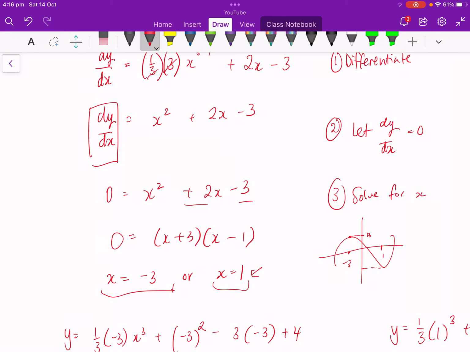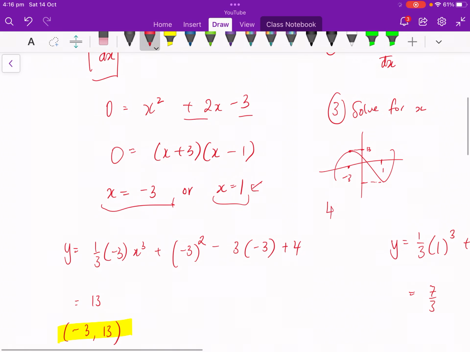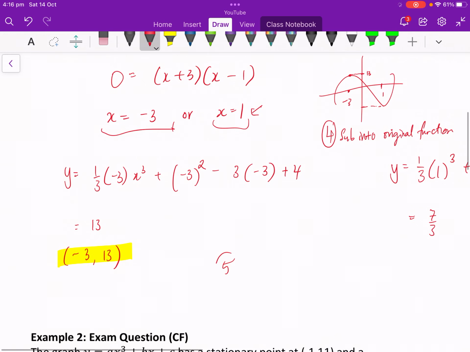And remember, you can have more than one. And in fact, you probably expect to have more than one answer. And then once you've done that, substitute into the original. So substitute it into the original function, find your y coordinate, and then you would write your answer with the full coordinate.